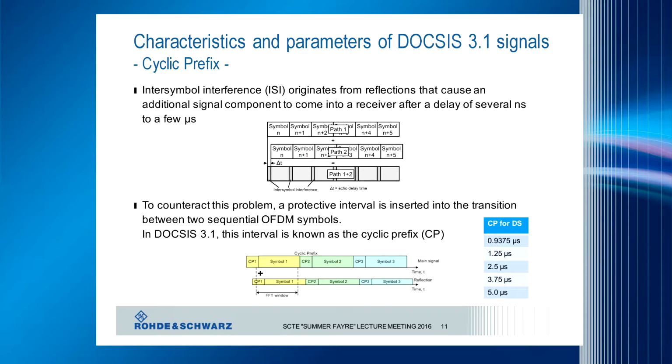If you select, for example, 5 microseconds, then you can deal with microreflections up to 5 microseconds without any really serious problems. But the disadvantage is, if you define high values for the cyclic prefix, you will lose bandwidth. So it's always a certain compromise, depending on the conditions in your network, for example.